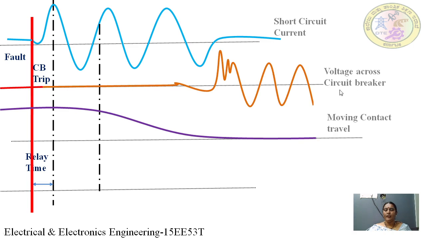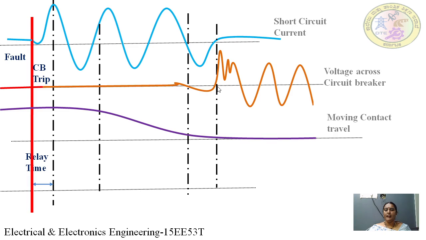Here is the voltage across the circuit breaker. First, during the normal, during close, the circuit breaker current is 0. After it is opening, the circuit breaker current is present, that is called the arc voltage. Next, this is the point at which there is a production of arc in the system.